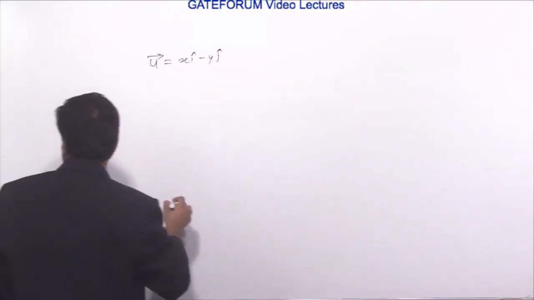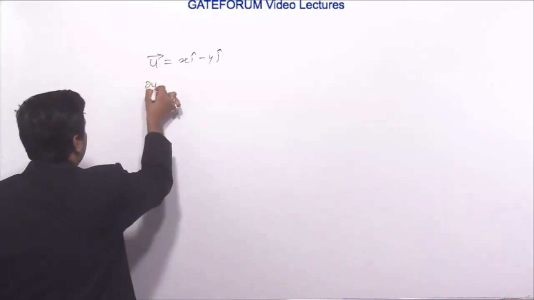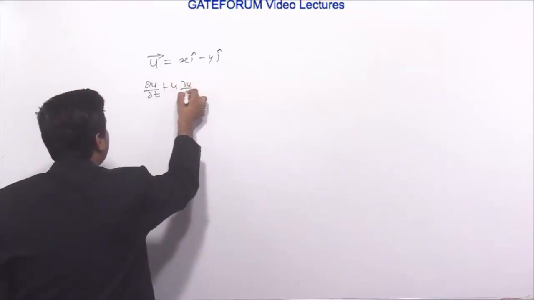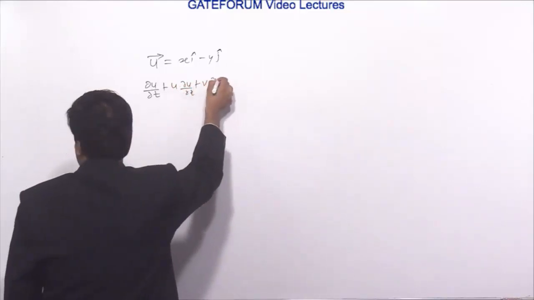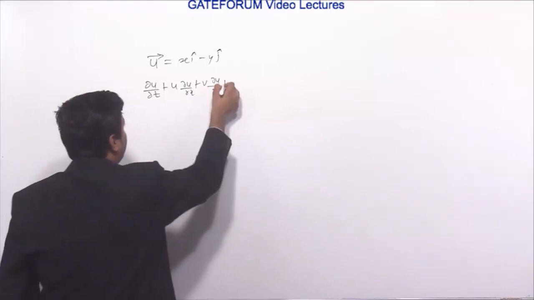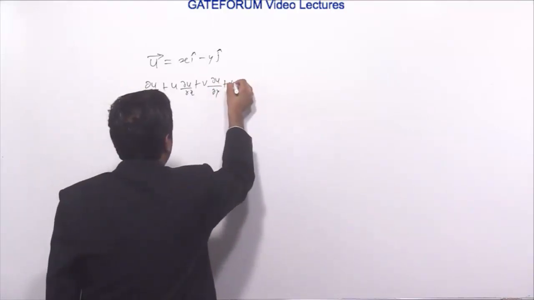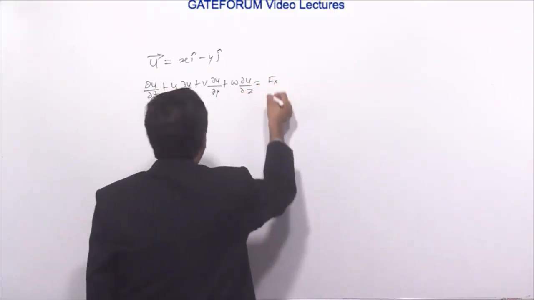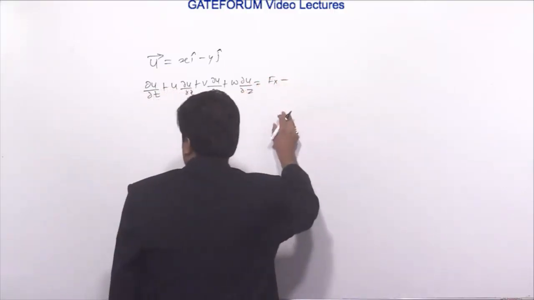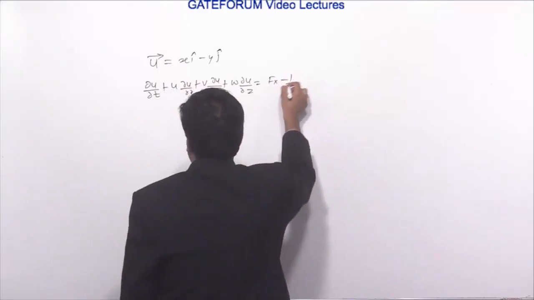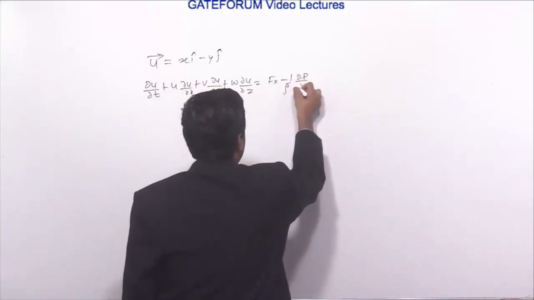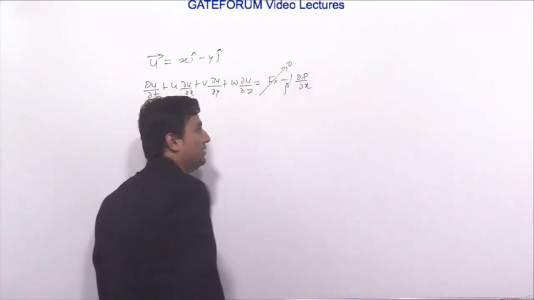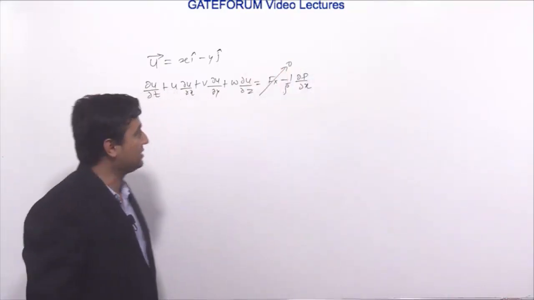Euler's equation of motion is nothing but del u by del t plus u del u by del x plus v del u by del y plus w del u by del z is equal to fx minus 1 by rho del p by del x. Fx most of the time is generally equal to 0 when no external force is applied.